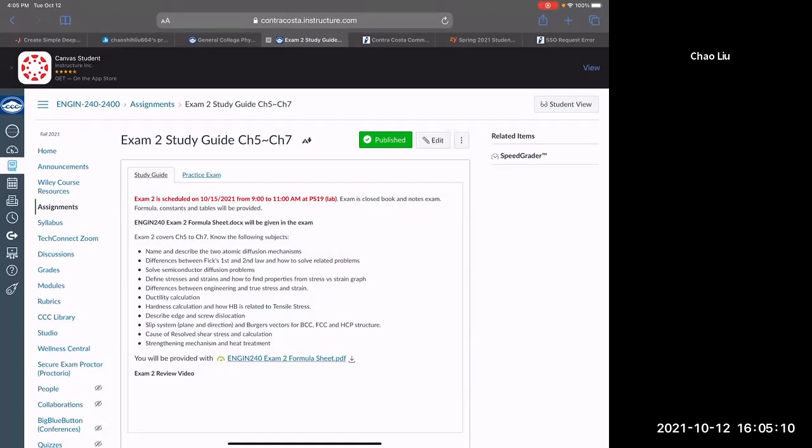Then chapter 6 is another important part of the material, where we start to talk about the mechanical properties of materials. For mechanical properties, we are looking at metals first, and you did the experiment 2 weeks ago, which is the tensile test.